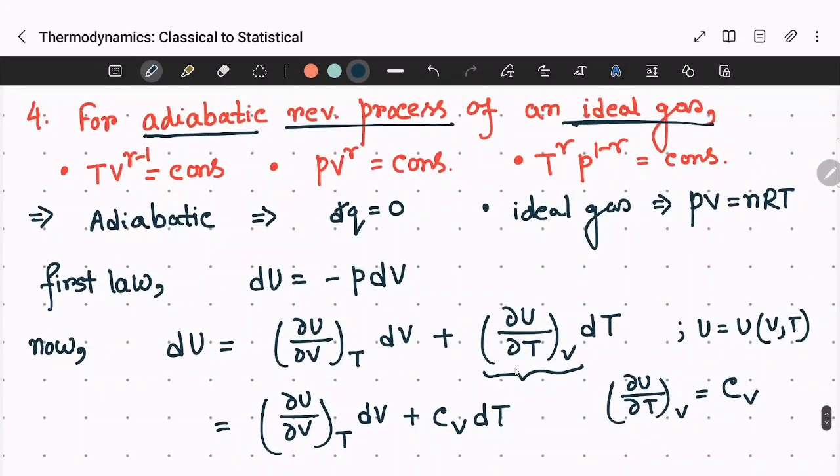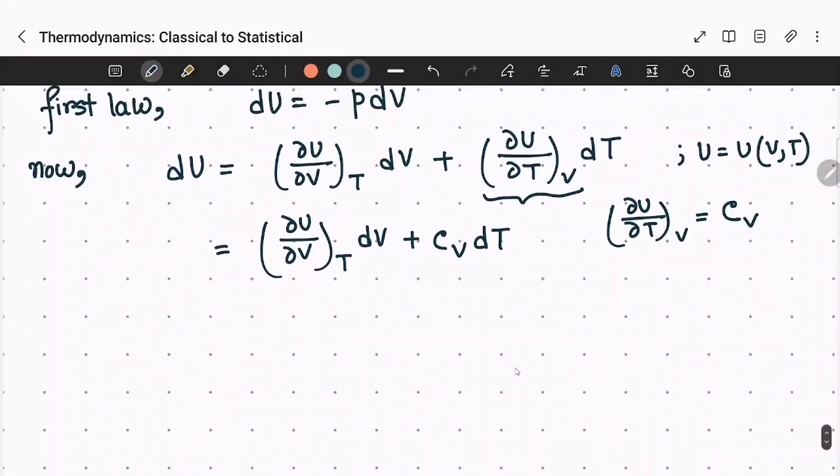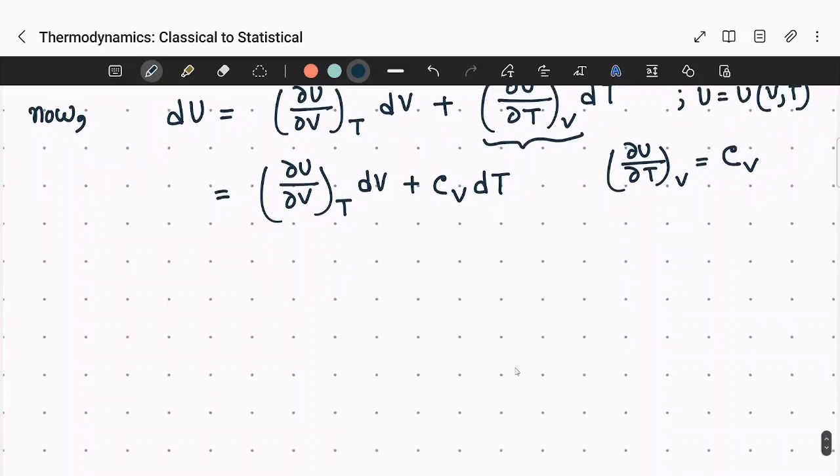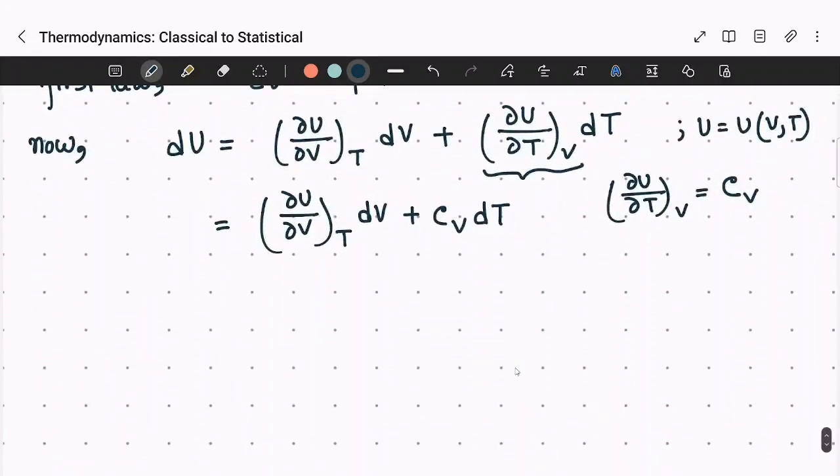Importantly, this is an ideal gas. And for an ideal gas, we know that if the temperature is constant, then the internal energy will not change, as I discussed before. For an ideal gas, if the temperature change is 0, then obviously dU is 0.